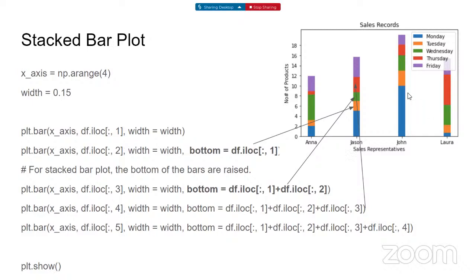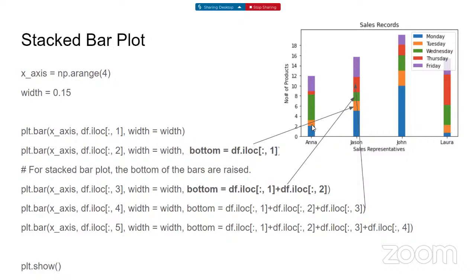However, for the y-axis, the start of the blue bars is at 0. And the orange bars should start based on the blue bars, right? So you have to be careful here.